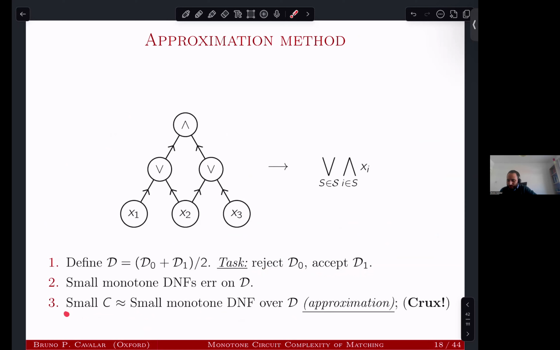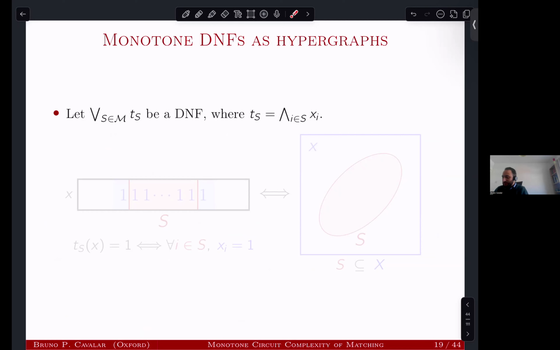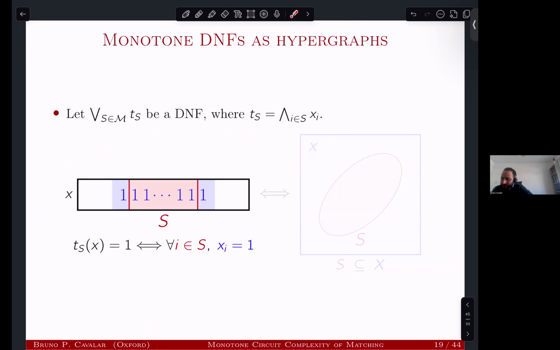So just to understand what we're going to see and understand what monotone DNFs actually do when they are computing, let's just take a deeper look into this. So let's say you have a DNF. You have an OR of these terms T_S, which are conjunctions of all the literals which are in the set S. This term is accepting an input X if and only if X is coloring, you could say, all the entries of S with ones.